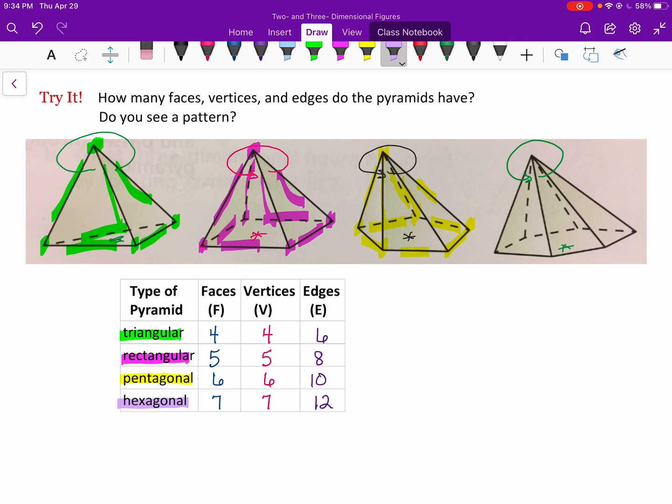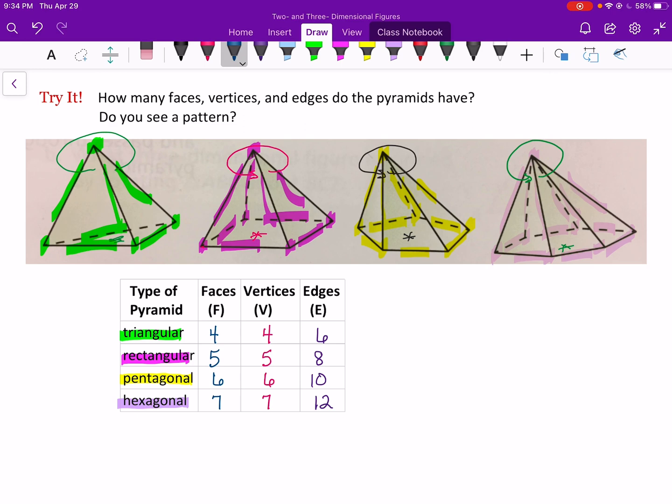As far as the vertices are concerned, we're going to have 1, 2, 3, 4, 5, 6 around the base and 1 at the top, so that makes 7. And then edges, 1, 2, 3, 4, 5, 6, and around the base 6 more. 6 plus 6 is 12.